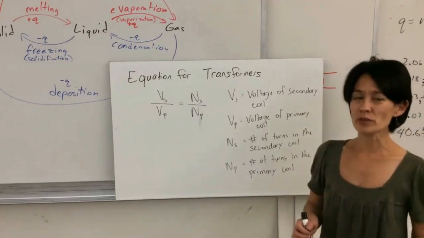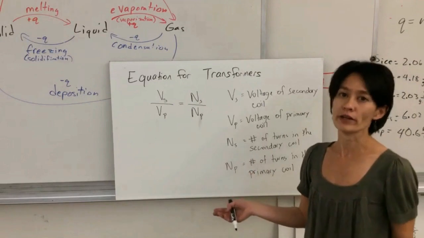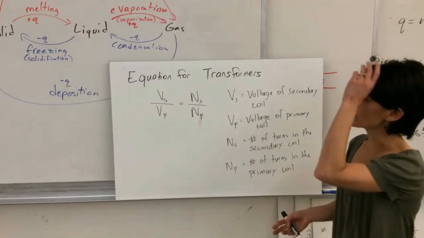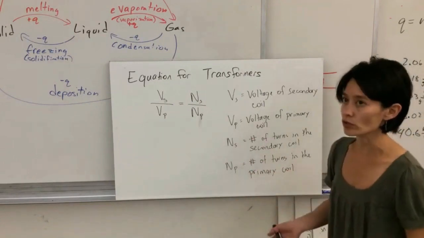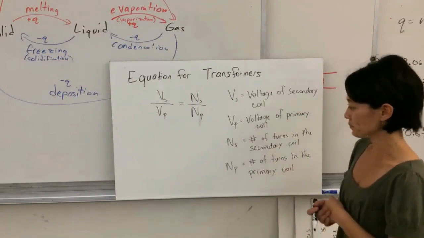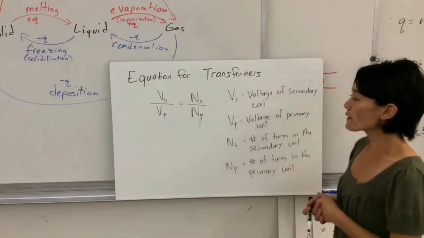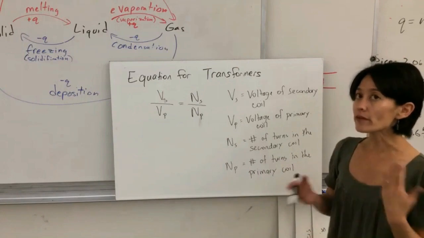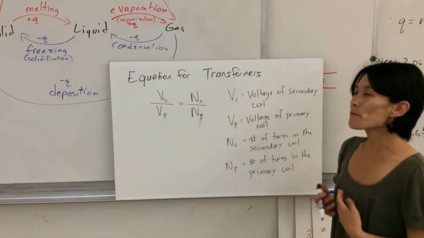So that's where that relationship comes in terms of how much wire there is. If there's a lot more wire in the secondary coil, then it's going to have a larger voltage value induced in it.